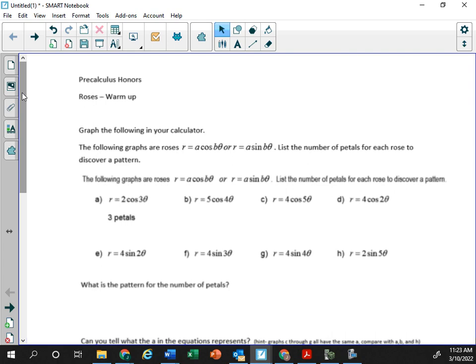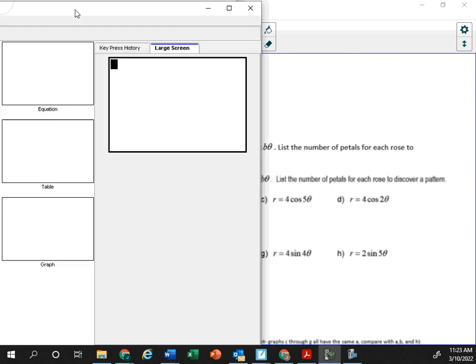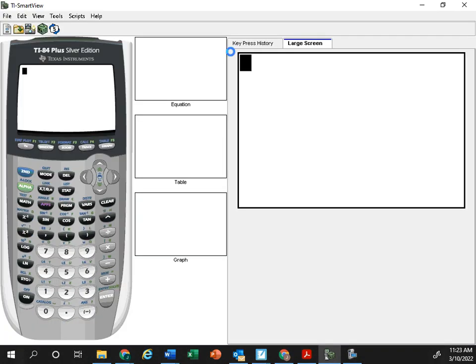There's actually a way to make it a theta. It's in your notes packet.